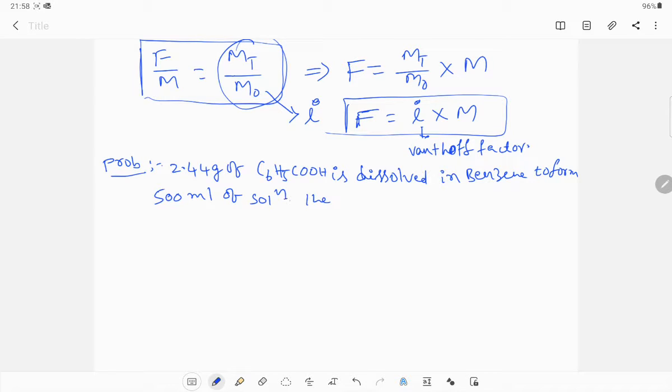Then find out the molarity and formality.